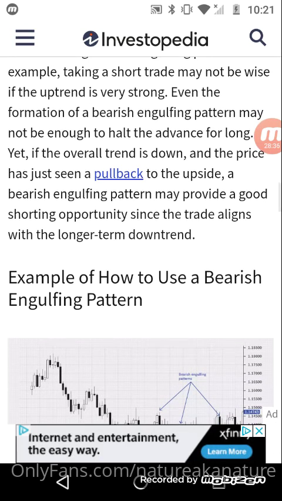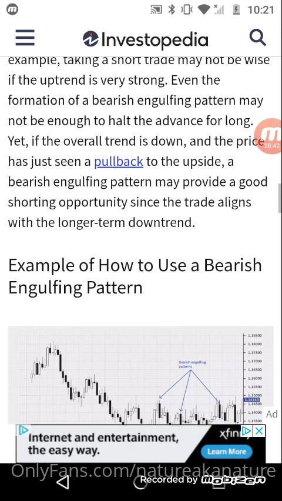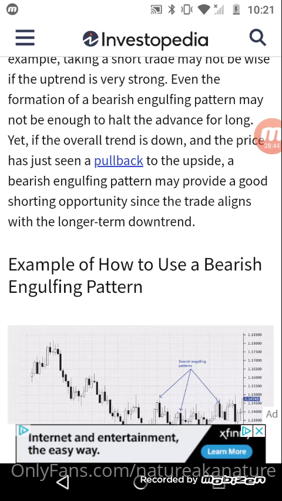Then we will be likely to enter for a long term downtrend trade. So these are examples of using a bearish engulfing pattern.